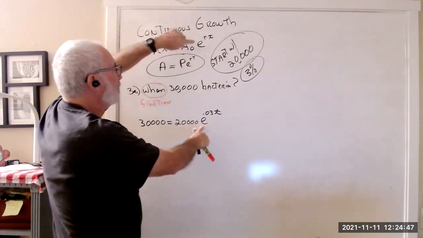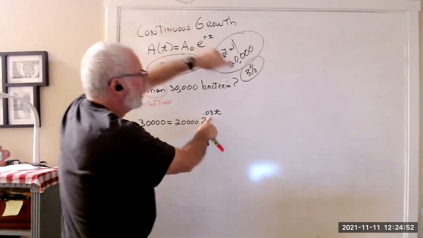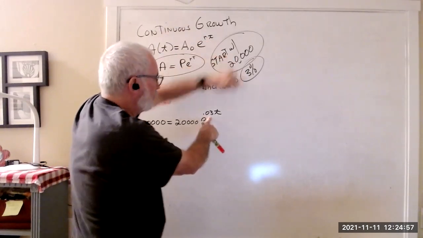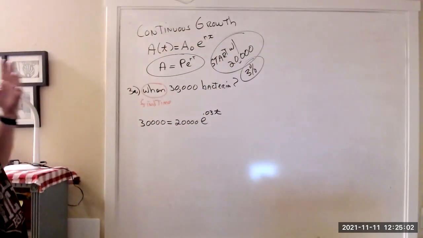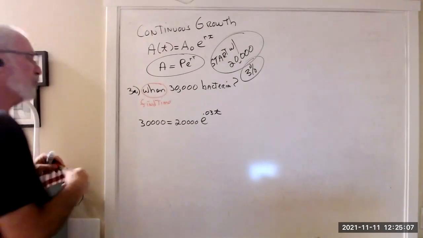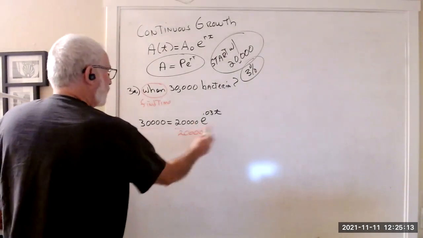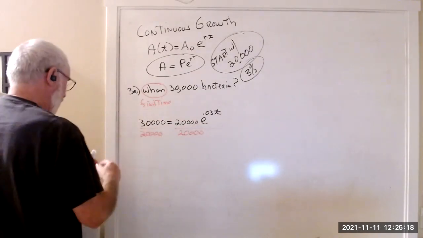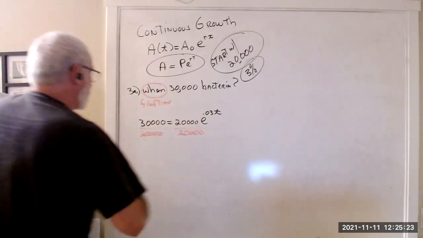E just stays E. Let your calculator play with that. The rate was 0.03. Remember, we always enter it as a decimal, 0.03. And now your job is to figure out, how do I solve for t? Well, the first thing we're going to do here is divide everybody by 20,000, because we want to get this quantity alone. So 30,000 divided by 20,000, I believe it works out to be 1.5.